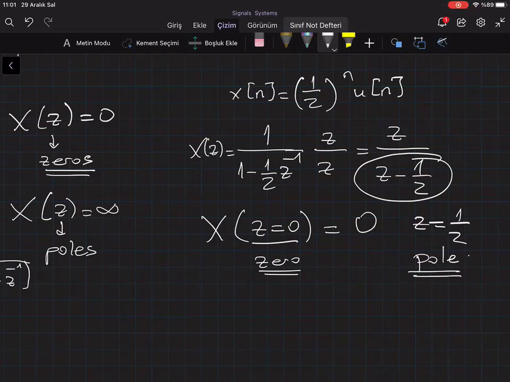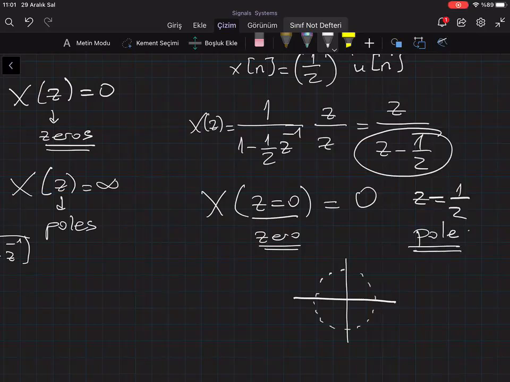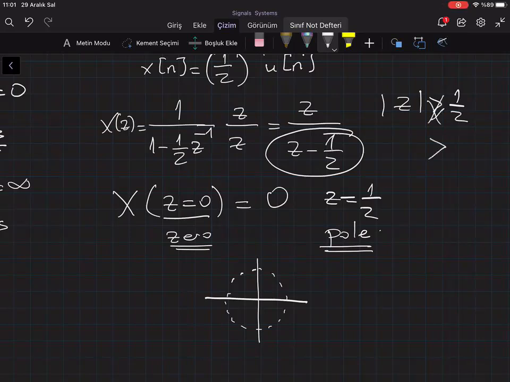So that's why I should plot my ROC like this. What did I say? z should be greater than 1 over 2. That's why I'm making it a dotted line. It's not included. It is only greater than, not greater than or equal to.